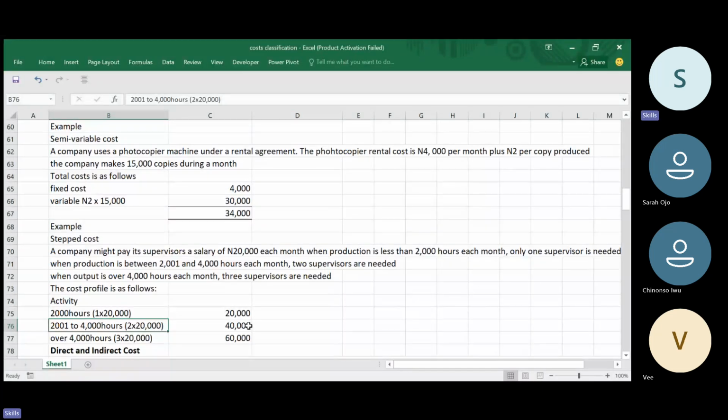So when the production is within 1 to 2,000, it is fixed at that period. So it's only 1 supervisor you need. But when it exceeds 2,000, because 2001 to 4,000, you will need 2 supervisors. The cost will increase, and it will remain within that range until you exceed 4,000.